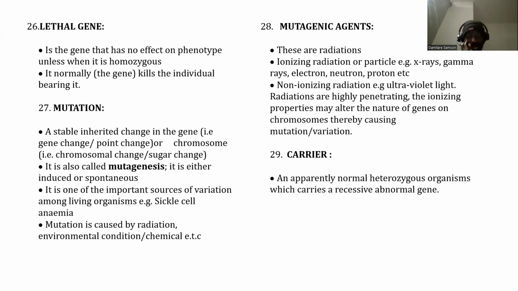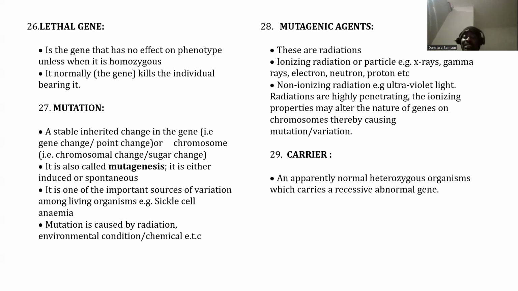Yes, we have people that are carriers of sickle cell anemia, but because they are at the heterozygous stage, remember, one of the genes is affected, but the other one is okay. That is why they will always say, for example, that it's not advisable for AS to marry AS. Because you feel like, I'm okay, my husband is okay, so why do you say we should not marry? Yes, it's because of the children.